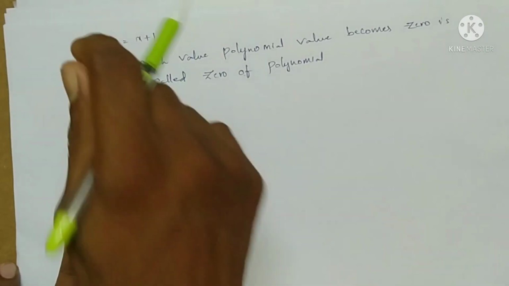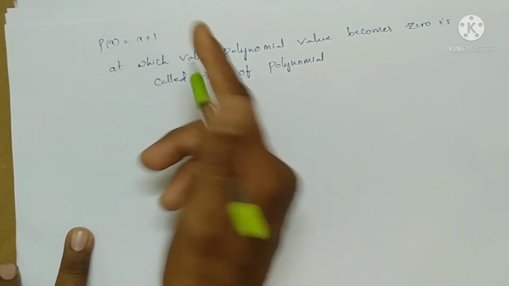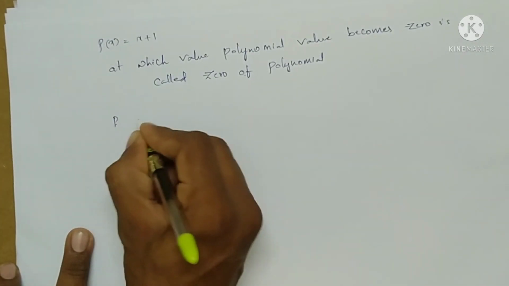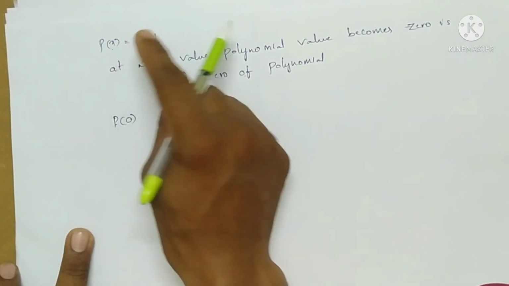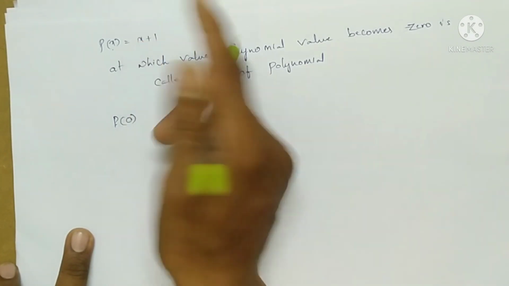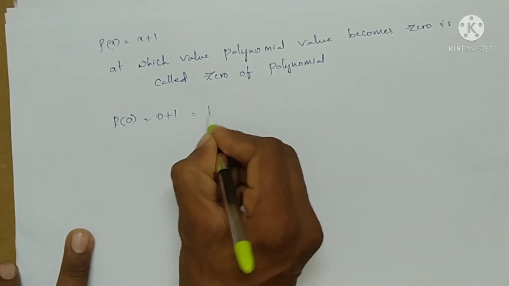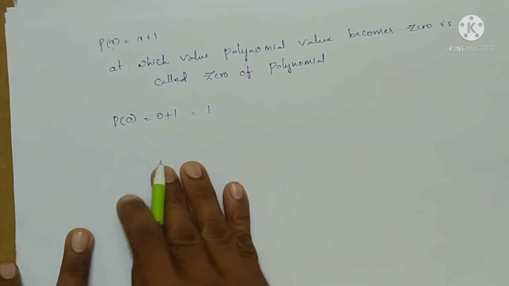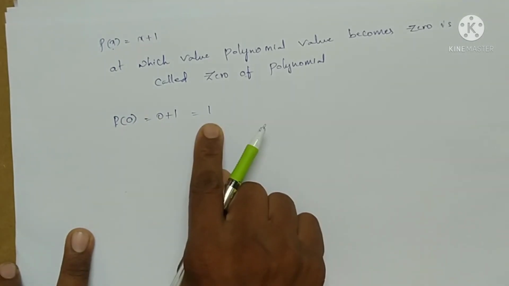Let us see one example. p of x is equal to x plus 1. Take p of 0. Let x equal 0. Substitute 0 instead of x here. That is 0 plus 1 equals 1. So at x equals 0, the value of the polynomial is 1.